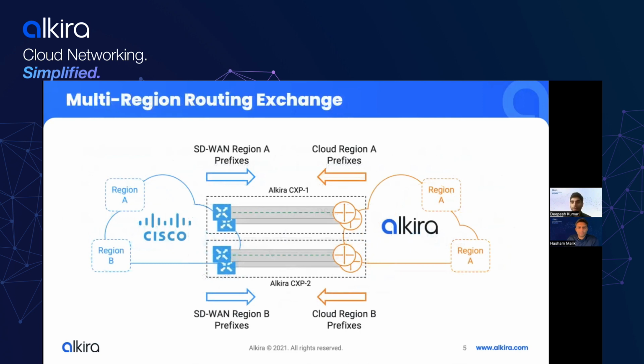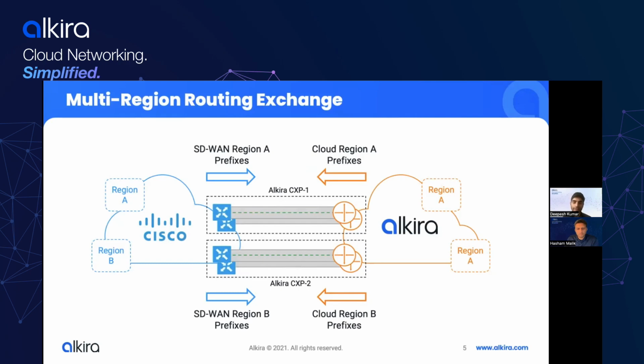So you have, in this case, prefixes from, let's say, cloud region A and SD-WAN region A being exchanged as required. And similarly, prefixes which are in SD-WAN region B and cloud region B can be exchanged as required, right? So on both sides, we can have route policies in place.